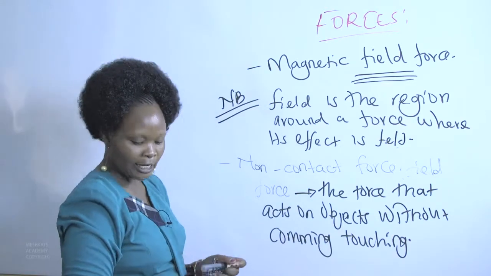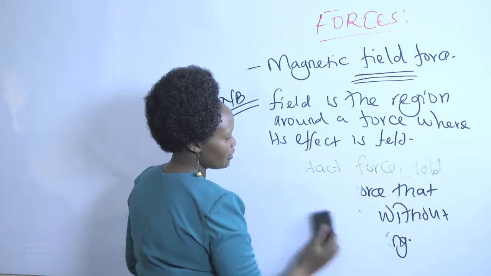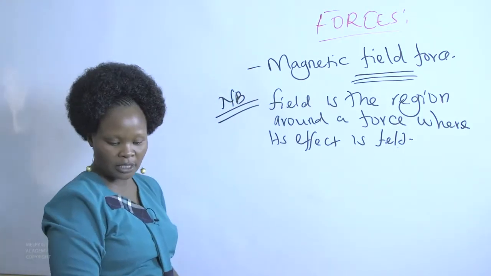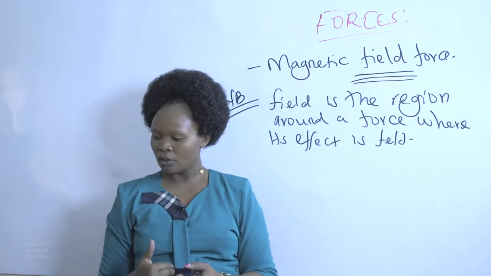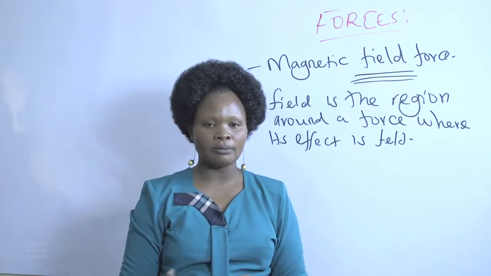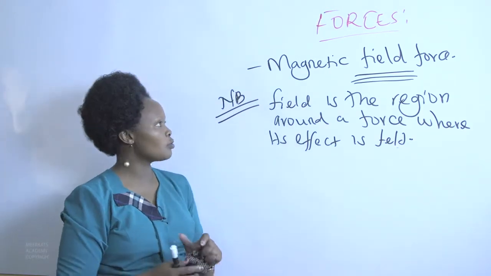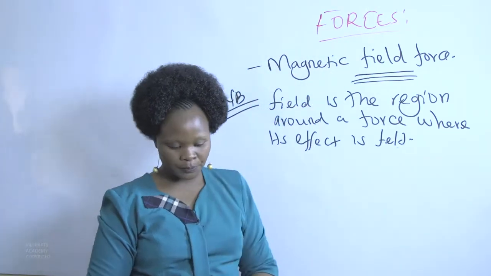Around a magnet, for example, there will be a region where the effect of that magnet will be experienced, even though the body does not come into contact with the magnet. And that is what we call the magnetic field.